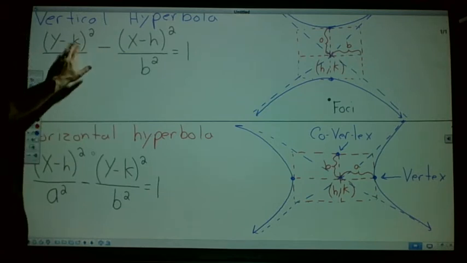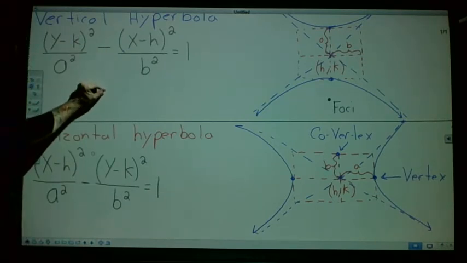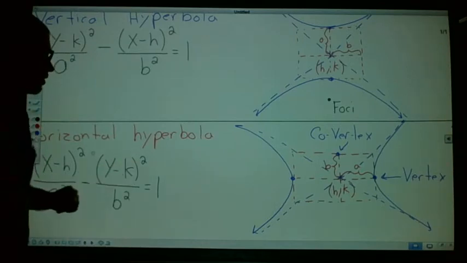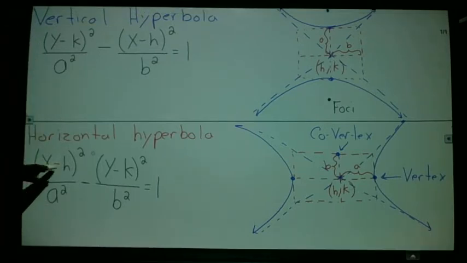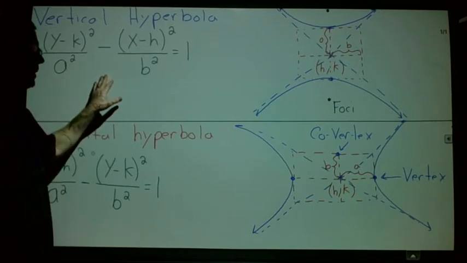So this is vertical because y is the positive variable. If we look at the horizontal hyperbola, that relation is switched: we have x minus h squared coming first, minus y minus k squared coming second, and then you have the a squared, b squared, a squared, b squared here.